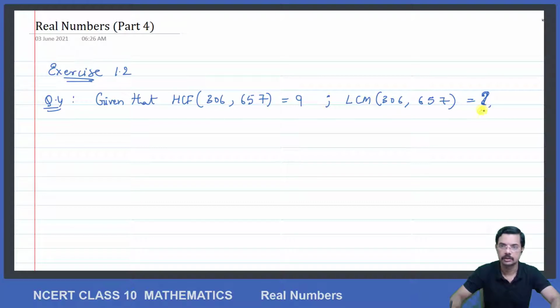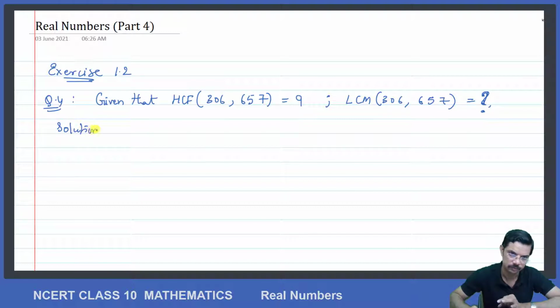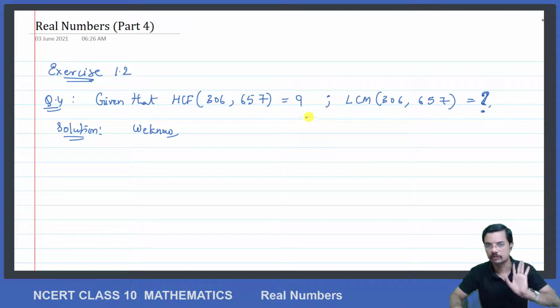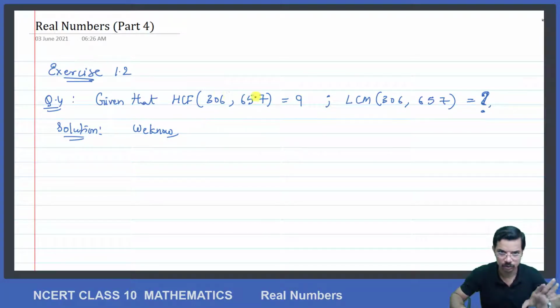So we have to find that. How will we find it? This is the solution. In the solution, we know the relationship: HCF into LCM is equal to the product of the numbers, correct? Which are the two numbers we are talking about?